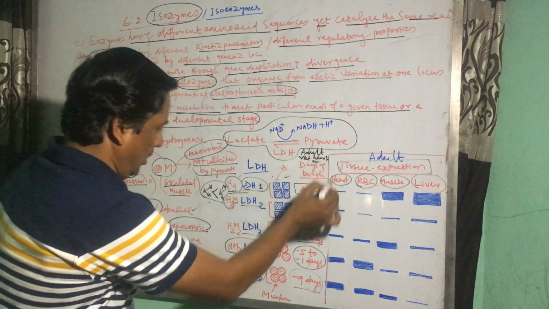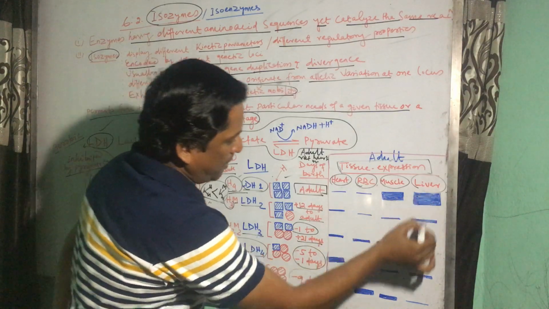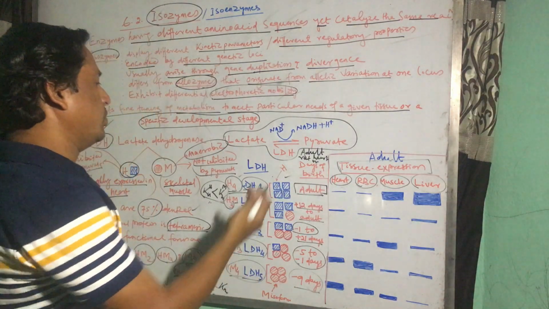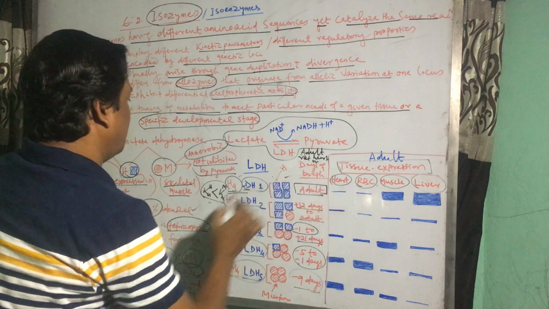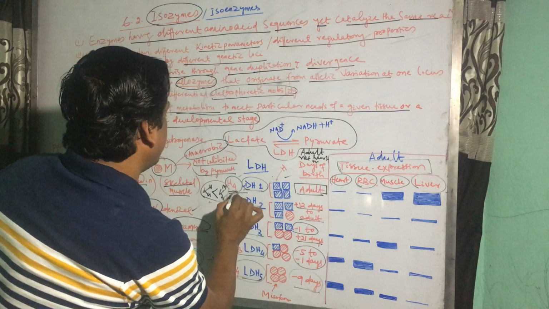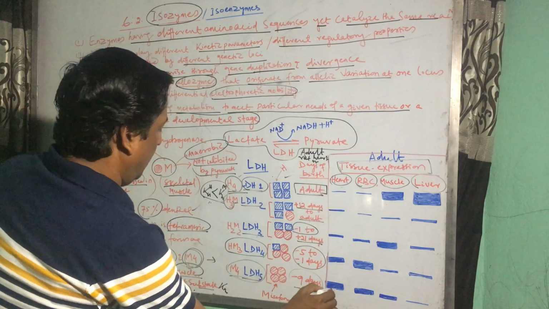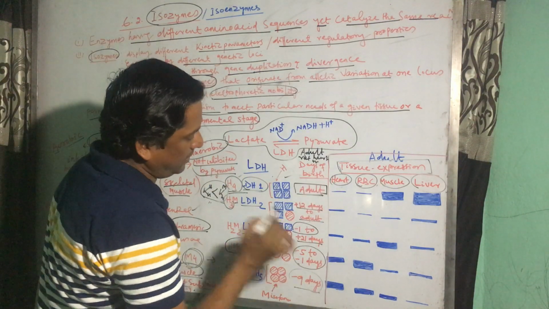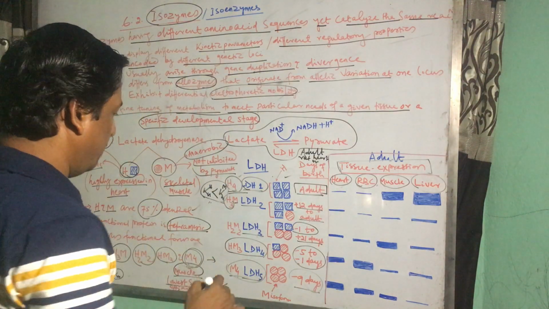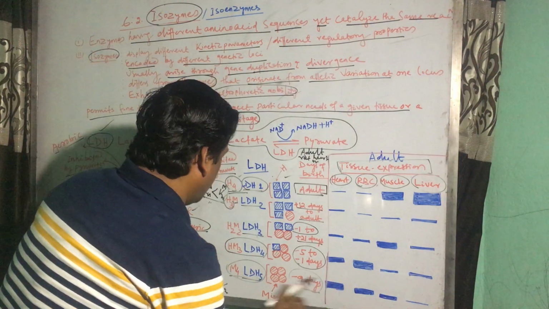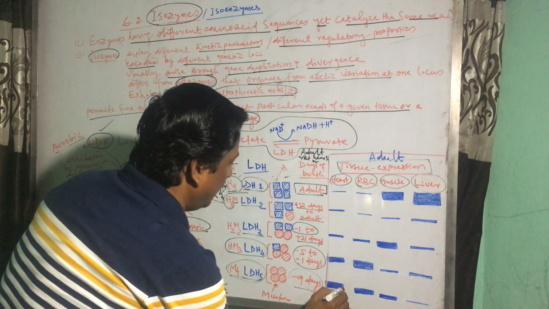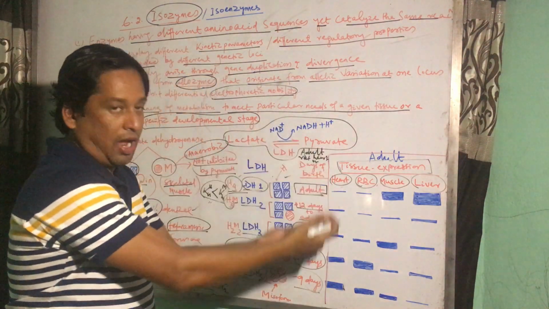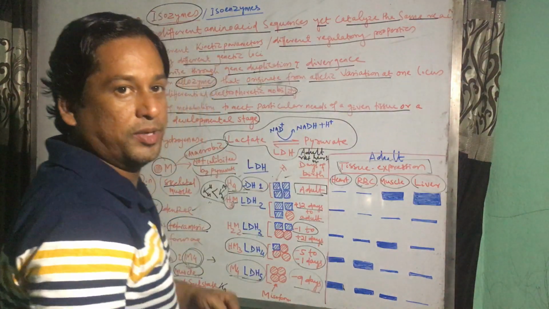Here the thickness of these bands indicates their level of expression. We can see that the heart muscle has very little M form and the highest H form in adult rat. This can be explained by assuming that the M form, which is very inefficient in heart muscle, has to be expressed at a higher level in order to perform its activity.